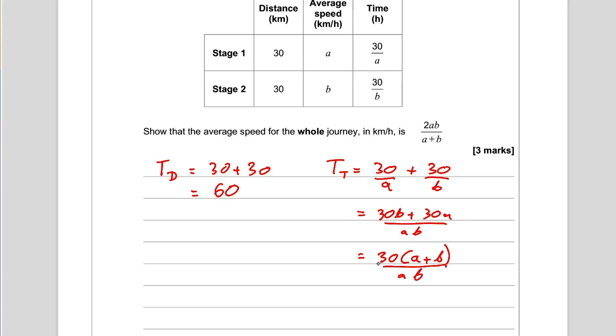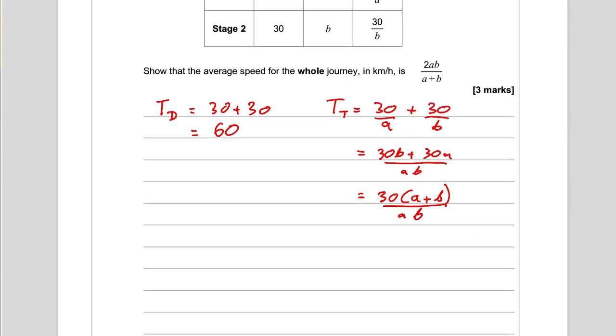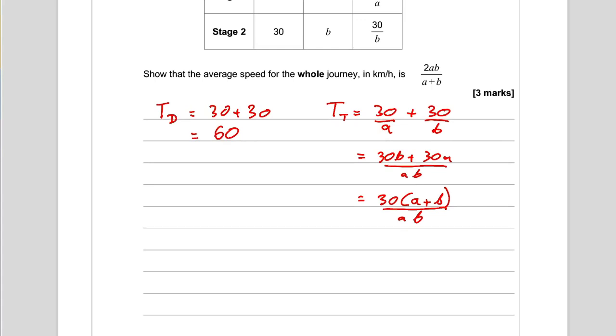Right, so the average speed for the whole journey is going to be equal to distance divided by time. So the average speed is going to be equal to 60 divided by 30 lots of A plus B over AB. When you divide, it's the same as multiplying by the reciprocal.